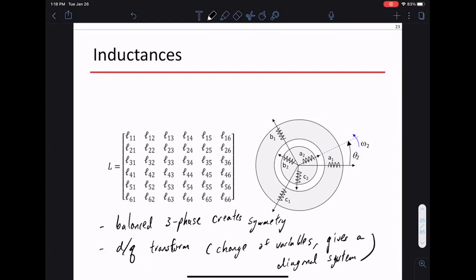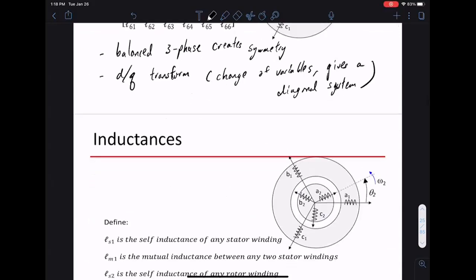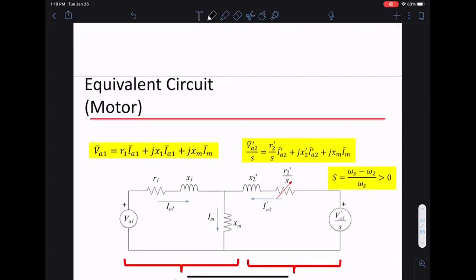It goes from a full 6x6 matrix to a diagonal matrix. Then, because it's balanced three-phase, the diagonals are all the same. So you can go from this sort of full analysis, doing some math, to this kind of equivalent circuit.